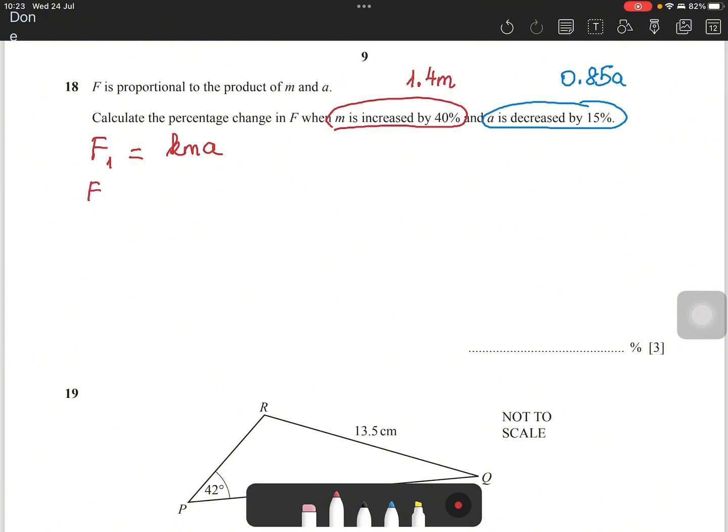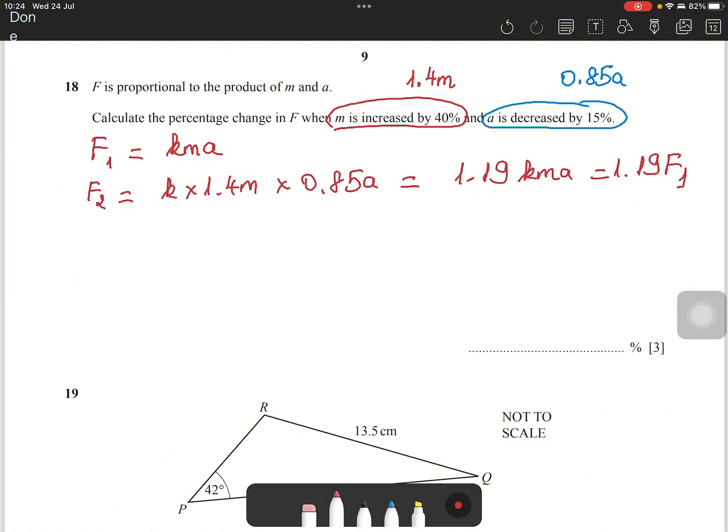So the new F is equal to K multiplied by 1.4 M multiplied by 0.85 A. And this one is equal to 1.19 multiplied by KMA, which is 1.19 times the original F. And now we need to calculate the percentage change.